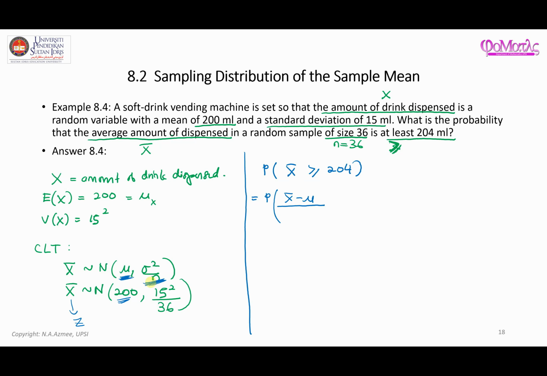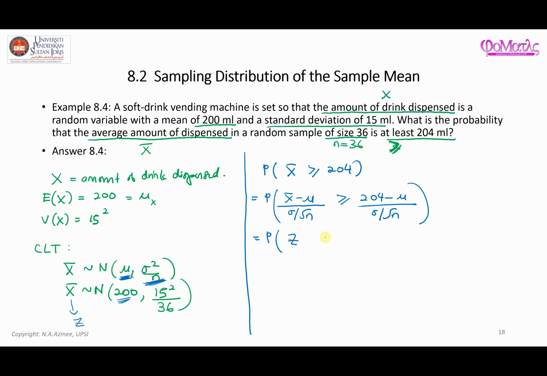This is variance, therefore standard deviation is sigma over square root n. This is greater than or equal to, well, if you make changes on the left side of the inequality, you have to make similar changes on the right side. So here we have 204 minus mu over the same thing, and this is now transformed into a z, which is a standard normal random variable.